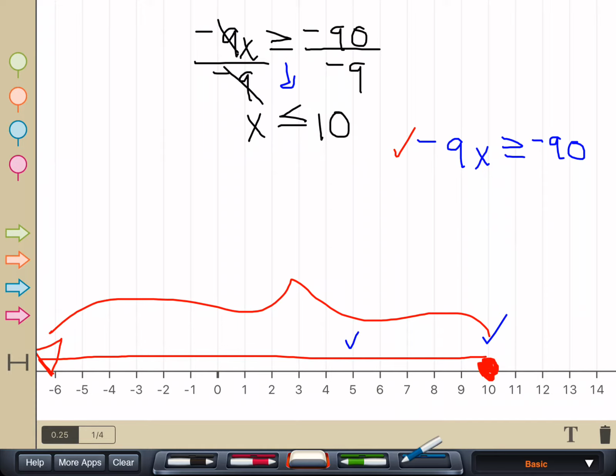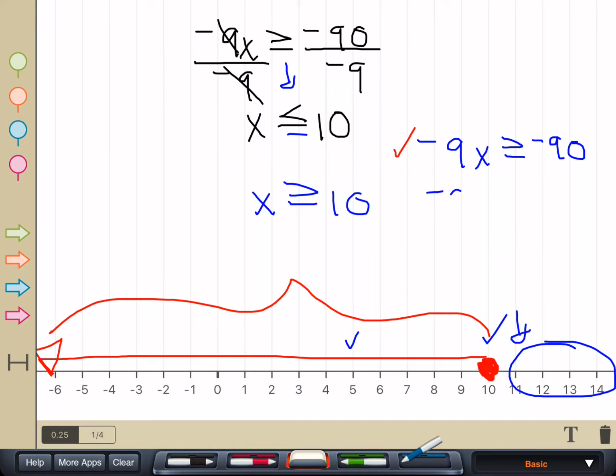If I had left it as a greater than sign, and so if I had actually ended up with this, x is greater than or equal to 10, I would be saying that any of these numbers greater than 10 would also work. Well, let's try that out. Let's try 11 and see what happens.